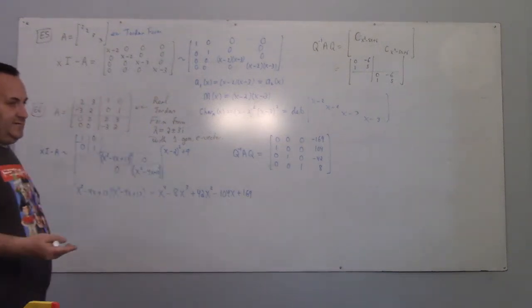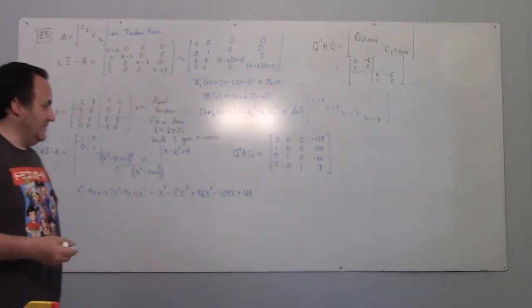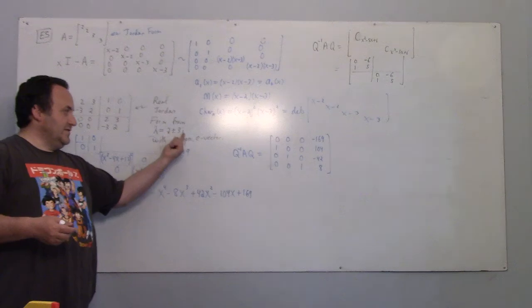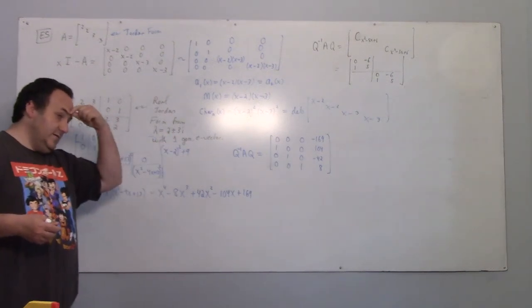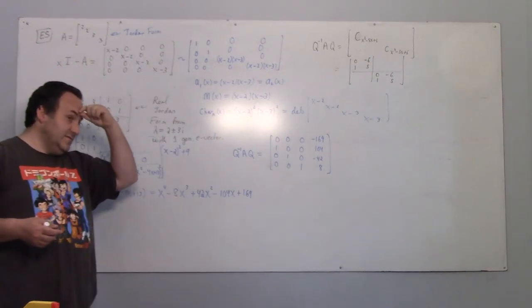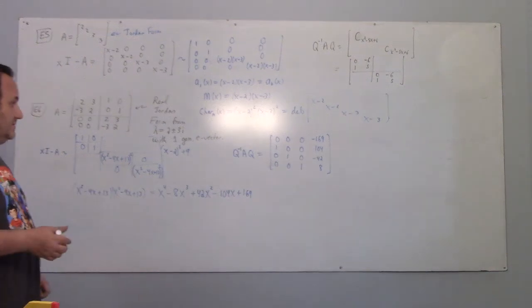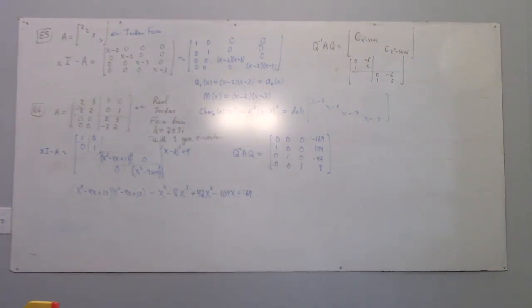Fun fact, this is a matrix with eigenvalue 2 plus or minus 3i, which is not diagonalizable. So Jordan forms tell you a lot.